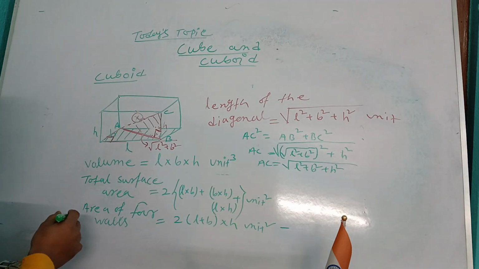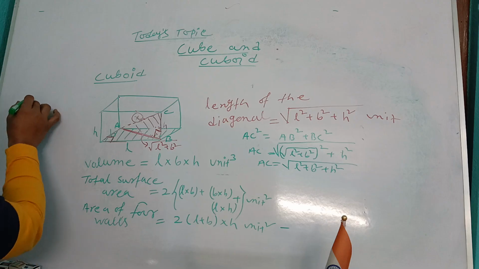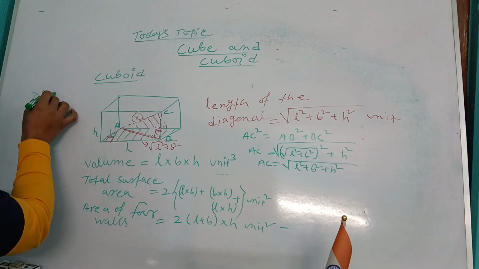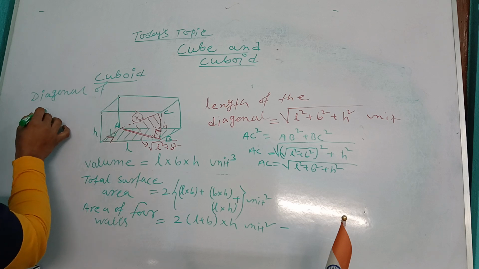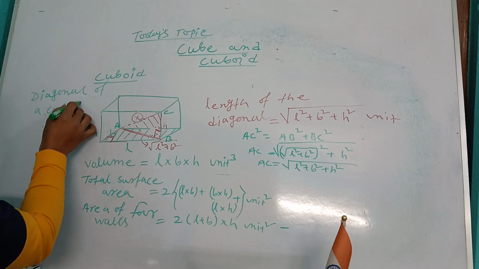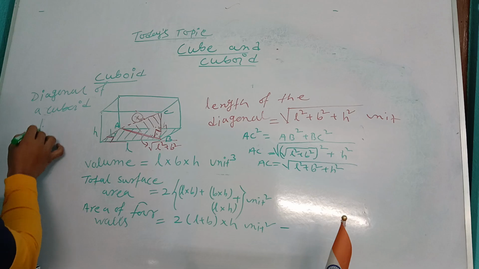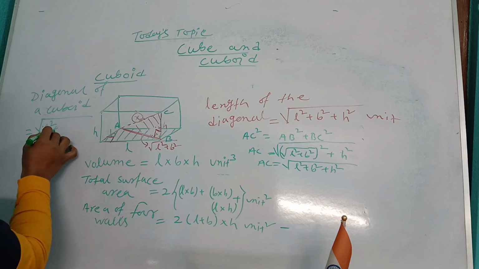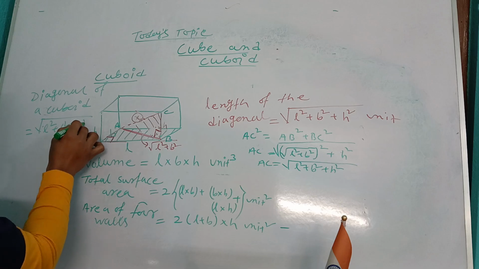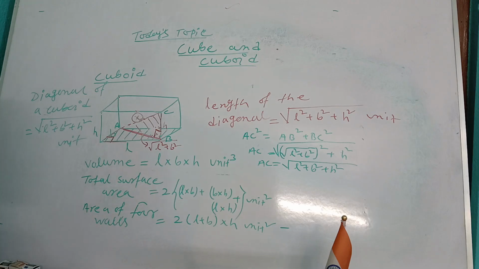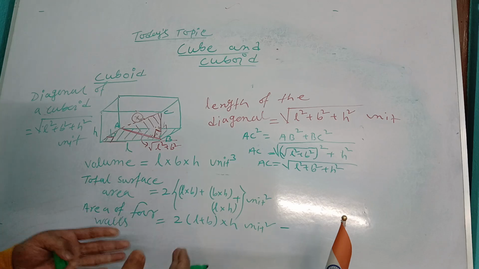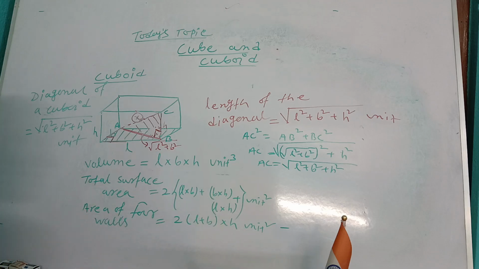So I am writing here: diagonal of a cuboid is equal to under root L square plus B square plus H square. It is a length, so it has a unit. Unit means maybe it is given in centimeter, millimeter, meter, etc. Unit of length.